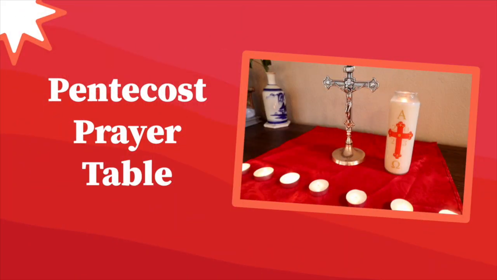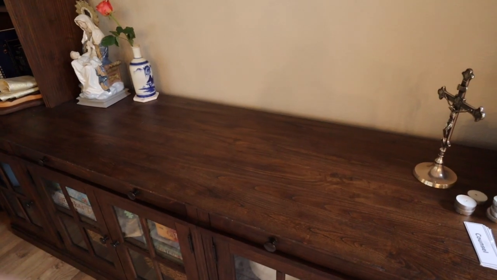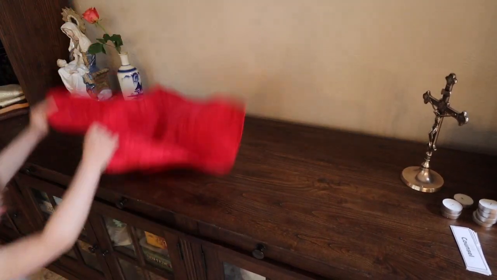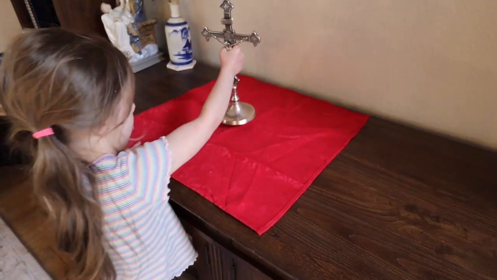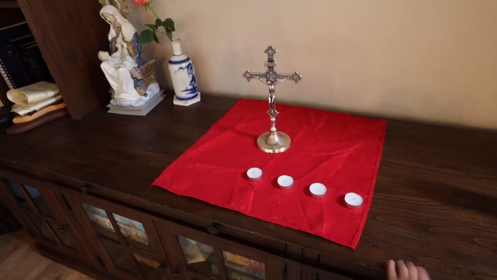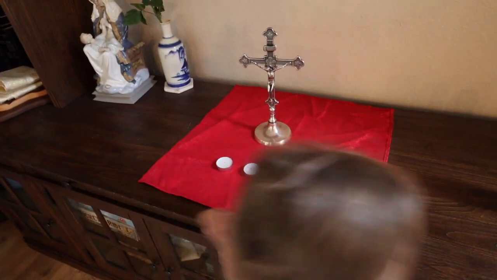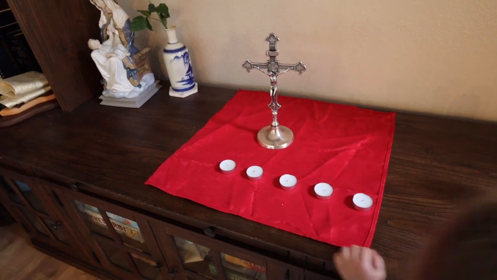But all of them are Montessori inspired and perfect for celebrating Pentecost in your Catholic home. The first activity is the Pentecost prayer table. This activity was inspired by our Pentecost celebration in our Catechesis of the Good Shepherd atrium and was adapted for a home environment. Setting up a prayer table is something that the entire family can do together.